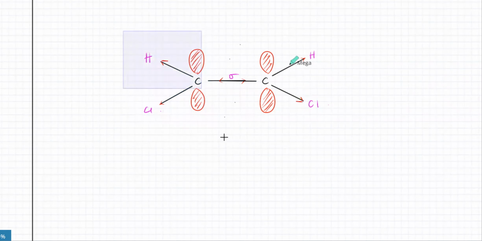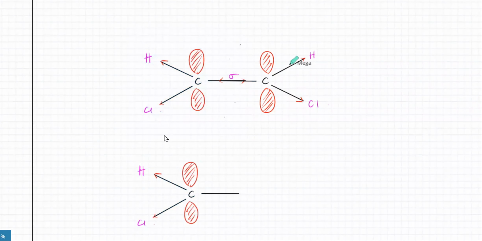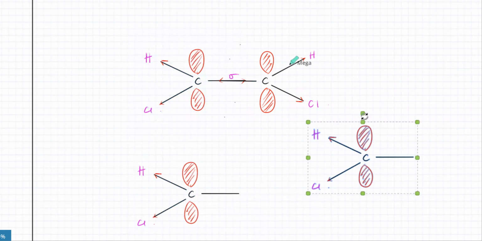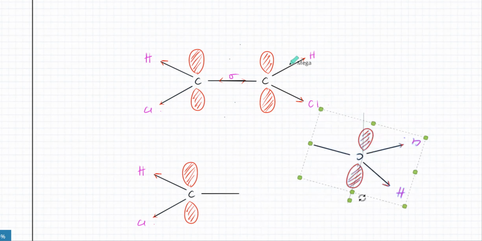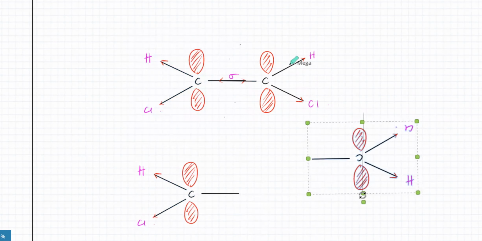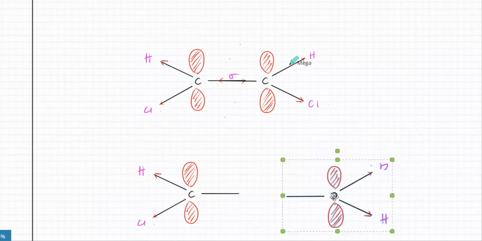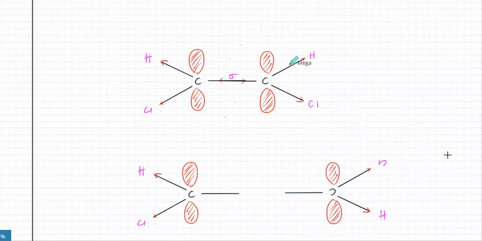Now the other way is that it could bond with another one, but the only difference would be that when the bonding took place, the H and Cl were pointing in some other direction, like the Cl over here.